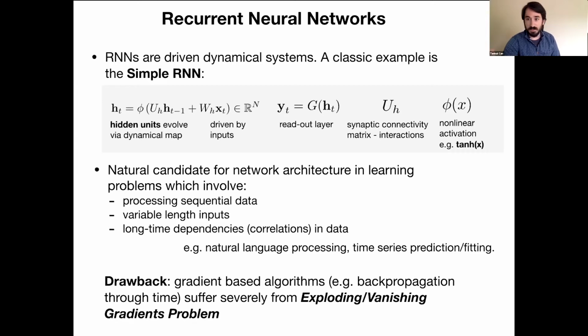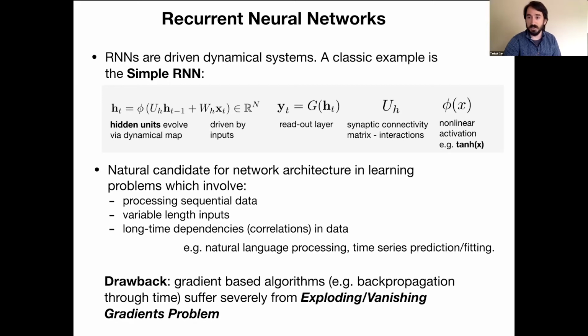Some obvious examples which might come to mind are natural language processing, as well as time series prediction. However, a significant drawback of using RNNs is that when trained via gradient-based algorithms, such as backprop through time, they suffer severely from the exploding and vanishing gradients problem.